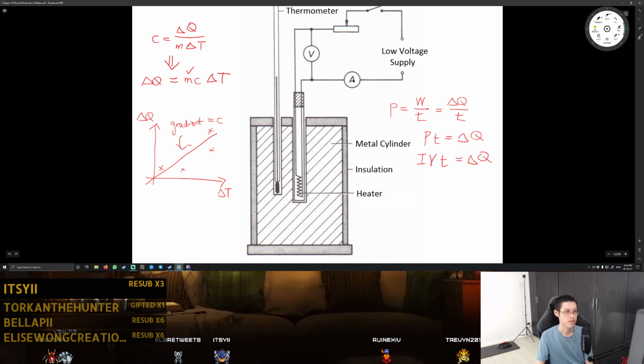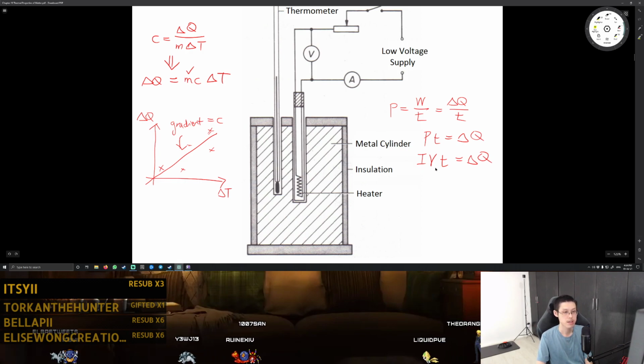So there you go. Delta Q is actually the current times the potential difference times how much time you have taken, how much time you have waited before you've taken the reading on the thermometer. So maybe you wait for a minute, then T would be 60 seconds.